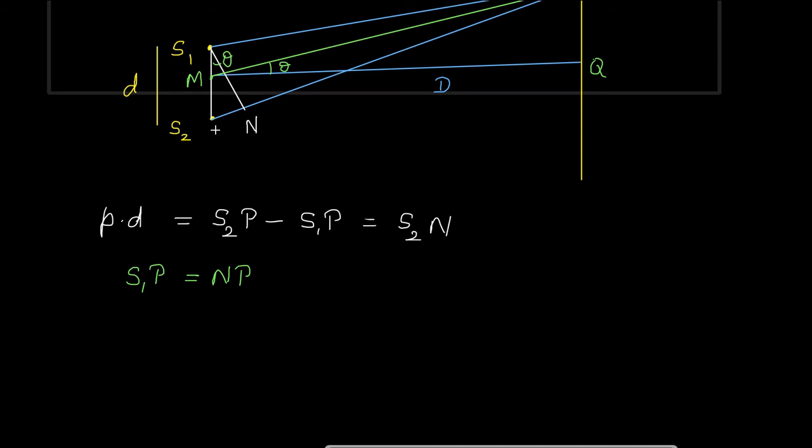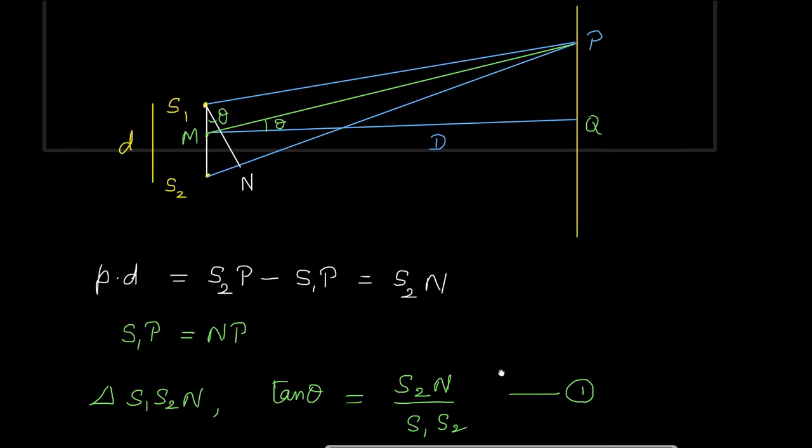Now from triangle S1S2N, what is tan theta? Tan theta equals S2N divided by S1S2. Let us call this equation number 1.